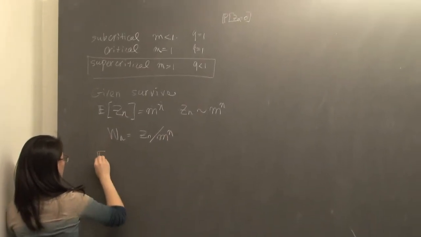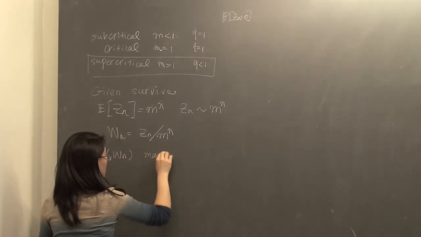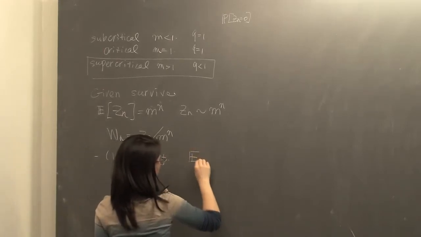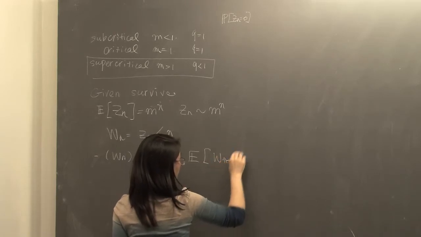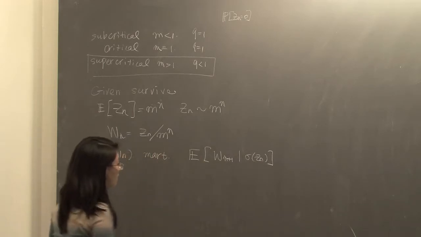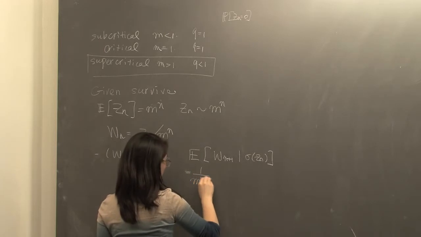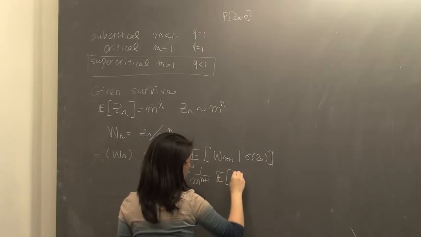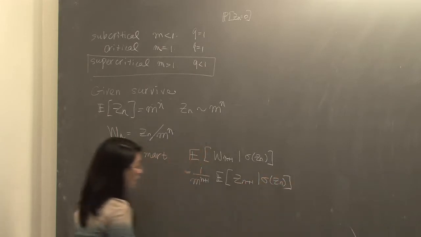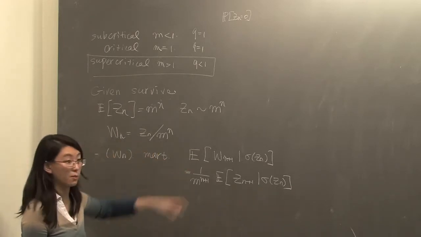So first, we claim that this Wn is a martingale. Okay, a quick proof. So Wn plus 1 is the expectation of Zn plus 1 given Fn, normalized by this quantity.